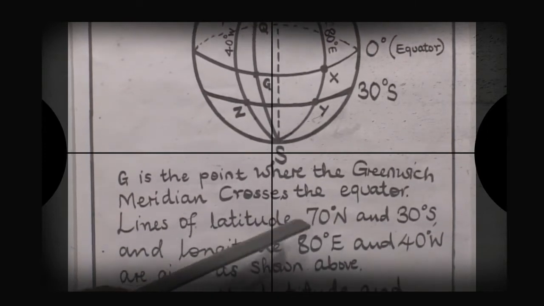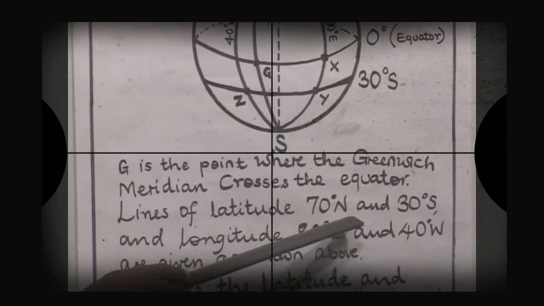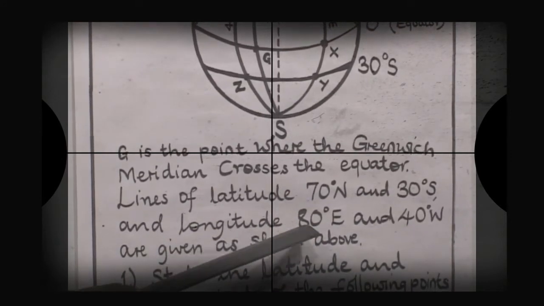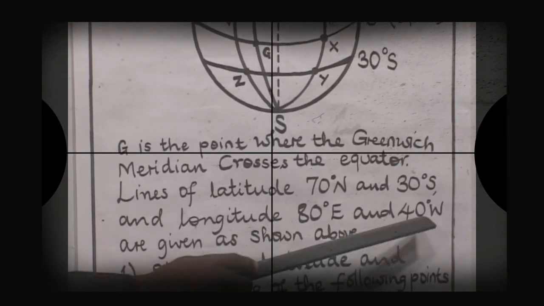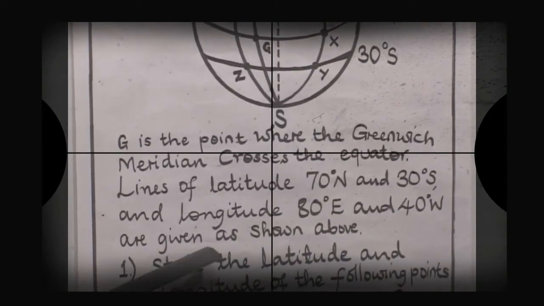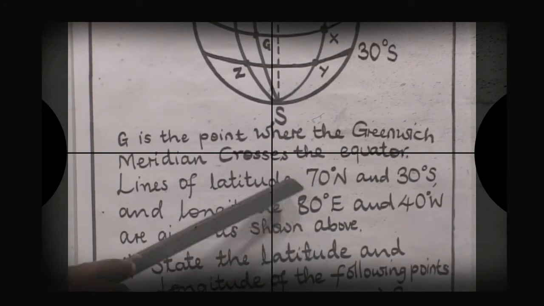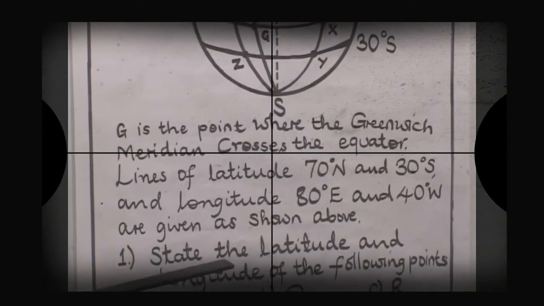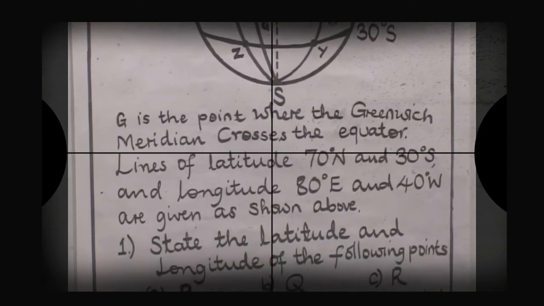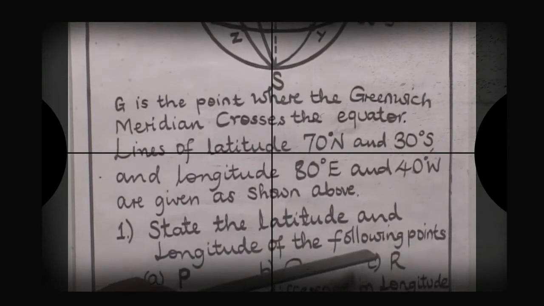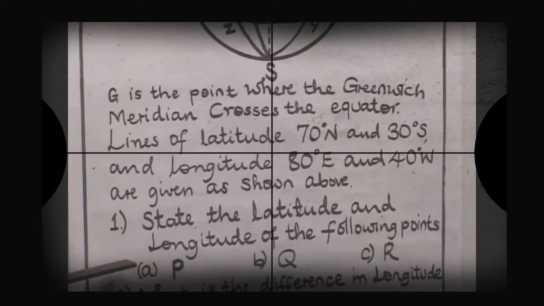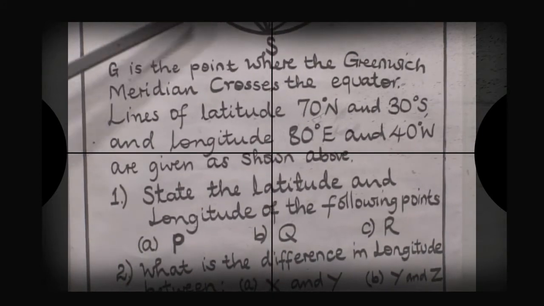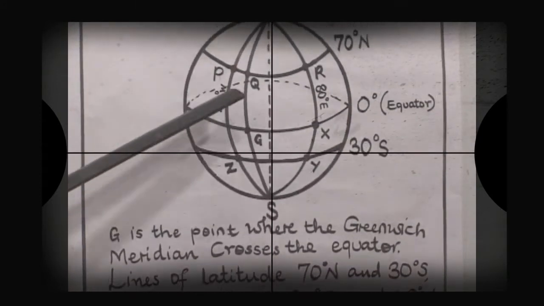Lines of latitude 70 degrees north and 30 degrees south, and longitude 80 degrees east and 40 degrees west are given as shown above, as we have discussed. Now, state the latitude and longitude of the following points. A, point P on the Earth's surface.